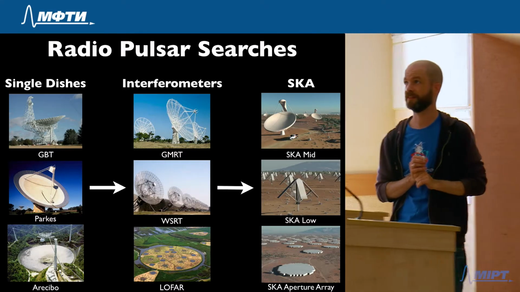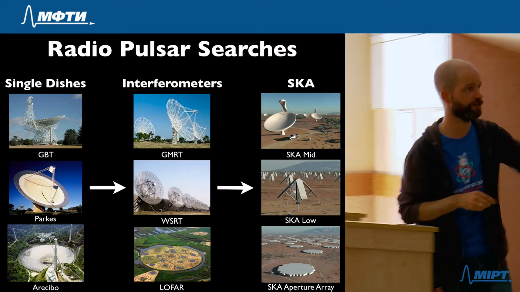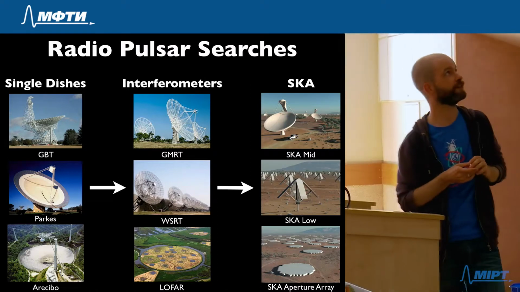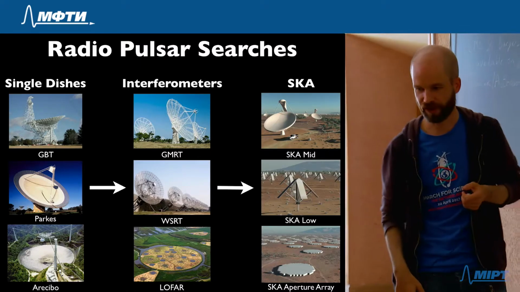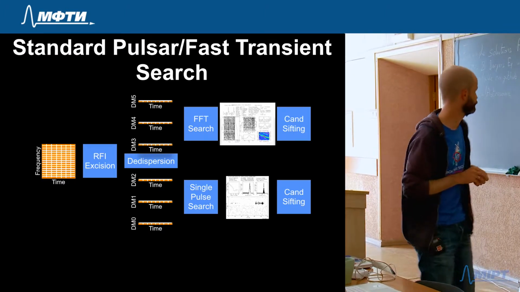And this is because it's the best of both worlds. We have a large sensitivity, but we can also localize sources on the sky very well because we have a geographically distributed telescope. But in a more general sense, how do we actually search for pulsars and fast radio bursts?